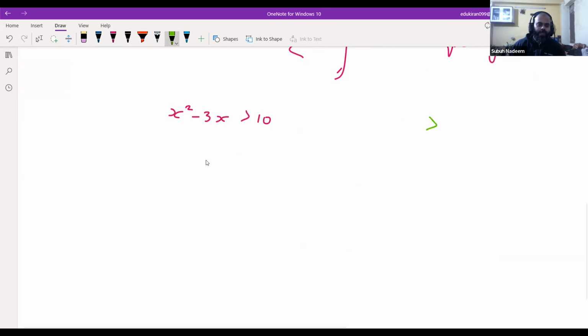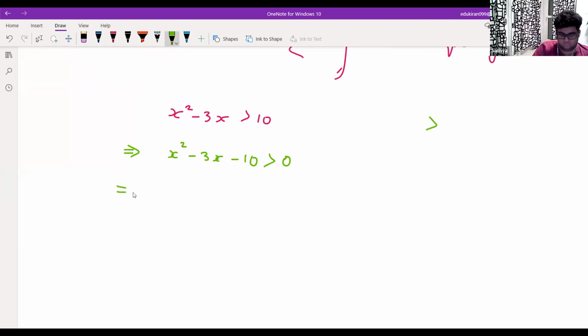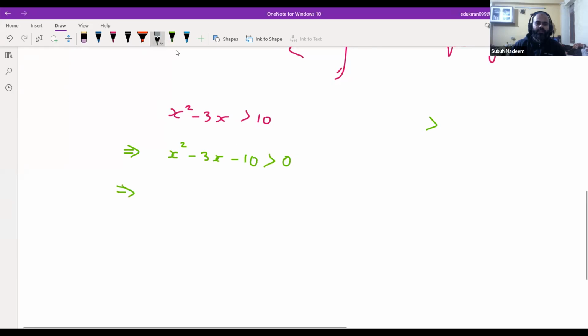Okay. So first task in an inequality is to get all the terms on one side. So this 10 I will take on the left, and this here will become minus 10, and there it will be 0. Okay. Now can you factorize this left hand side by middle term splitting?